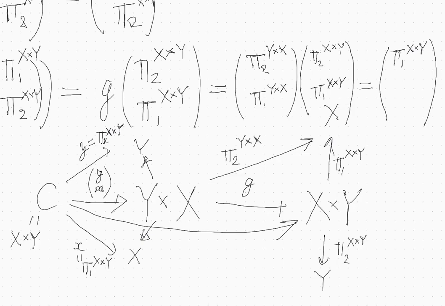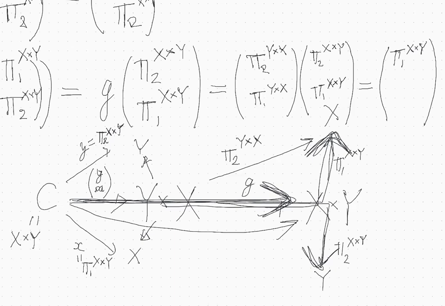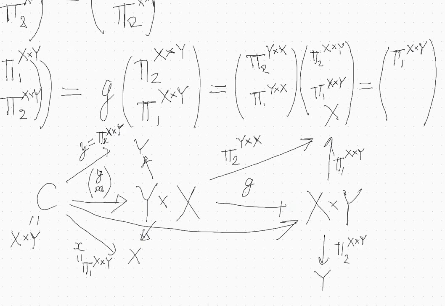So this composite, whatever this composite is, it's a column. It's a column that consists of the top entry of the column being this composite, right? And the bottom entry being this one. So that's what I'm doing now. I'm computing those two entries. The top entry is, as I said, this composite, which is the same as this composed with that.